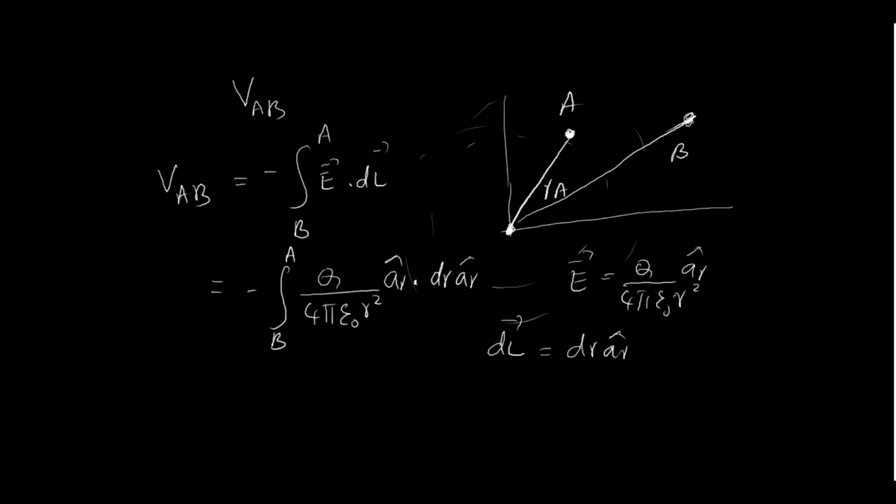Now finding the dot product, AR dot AR will be 1, so only the dr component is left. So E dot dl gives minus the integral of Q by 4 pi epsilon 0 r square dr. The variable is r: at A the radius is RA, at B the radius is RB, so the integration limits change from RB to RA.